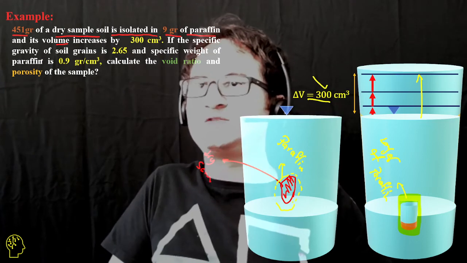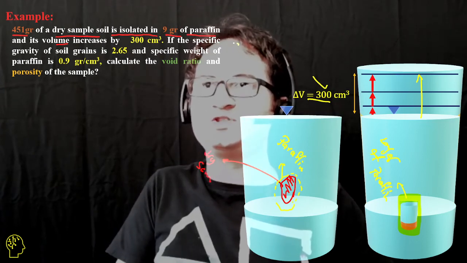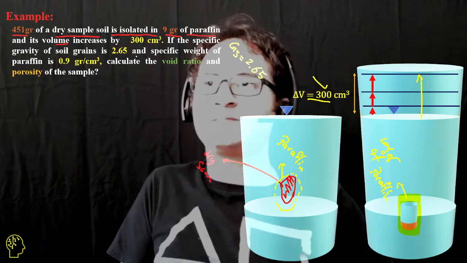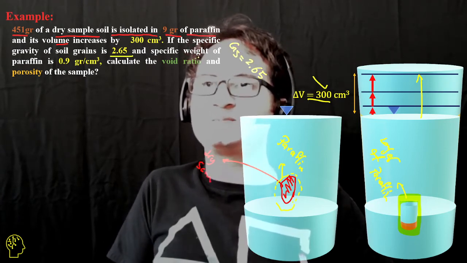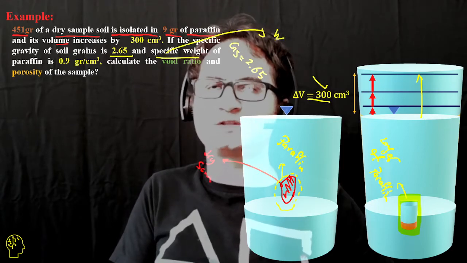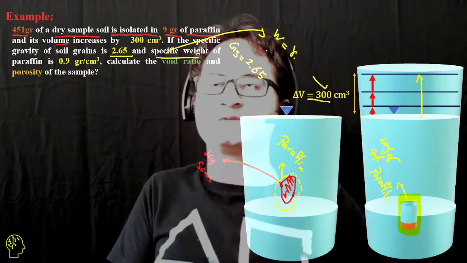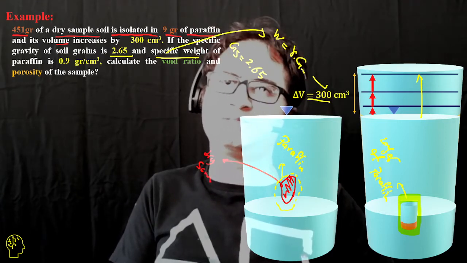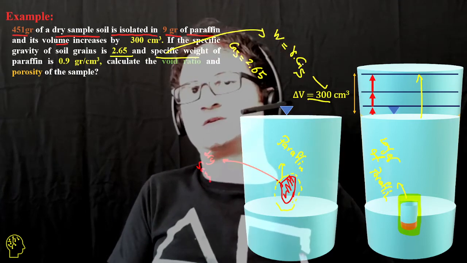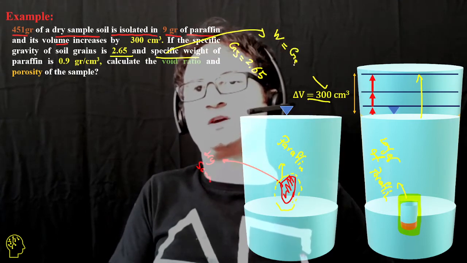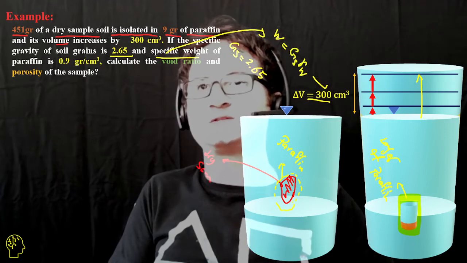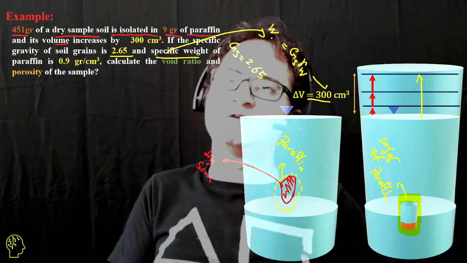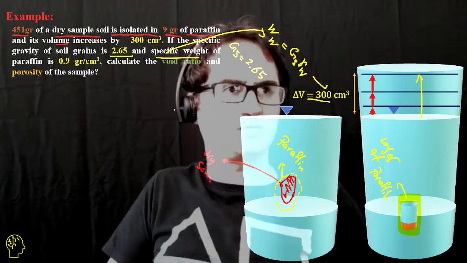Then the specific gravity Gs of the soil sample is equal to 2.65, and the specific weight is unit weight gamma, which is Gs times gamma W, where gamma W is the specific weight of water, and likewise for soil.